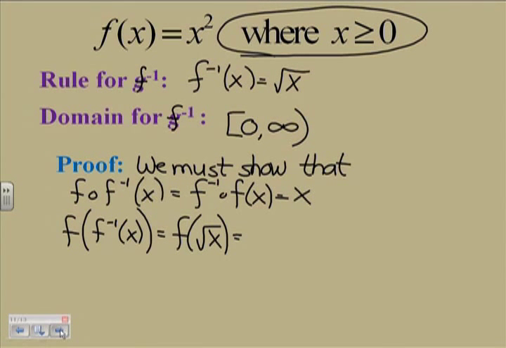So what do you get when you square square root of x? You get x. Now, by the way, technically, you need to make a little note to yourself. I'm very glad that x is greater than or equal to 0, because otherwise that may not be a true statement.